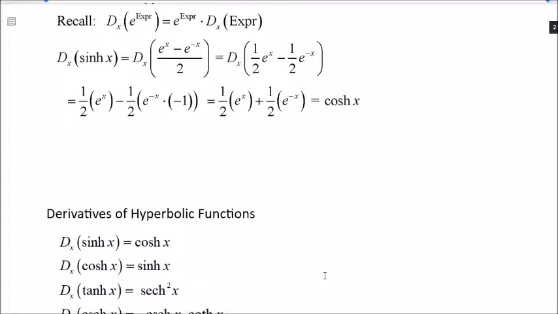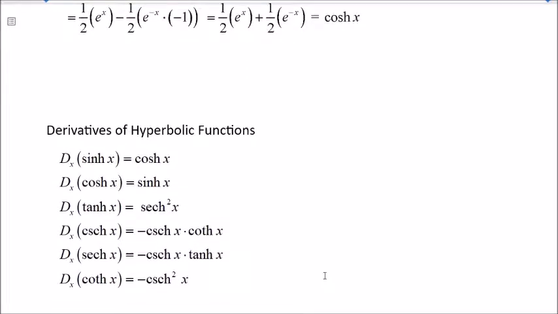The derivatives of the other hyperbolic functions will be like this. The derivative of the hyperbolic sine is hyperbolic cosine. The derivative of hyperbolic cosine is hyperbolic sine. The derivative of hyperbolic tangent is hyperbolic secant squared. The derivative of hyperbolic cosecant is negative hyperbolic cosecant times hyperbolic cotangent.